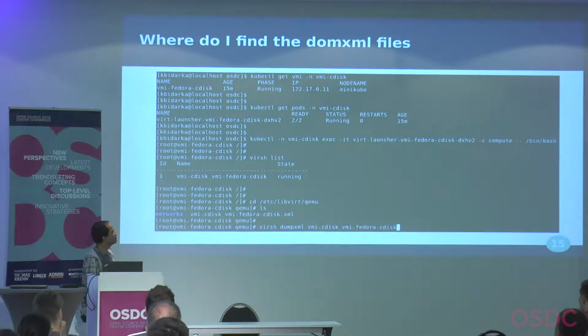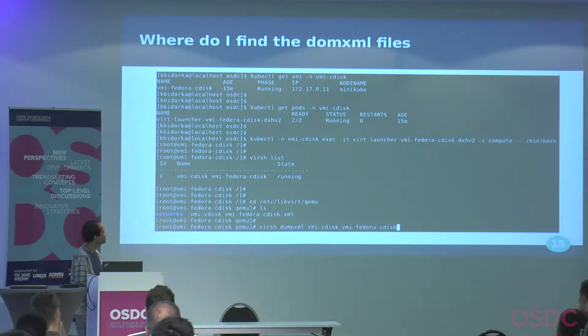You might be wondering, if it is making use of libvirt KVM, where is my domxml file? You would find the domxml file of your virtual machine inside the compute container of the virt launcher pod.